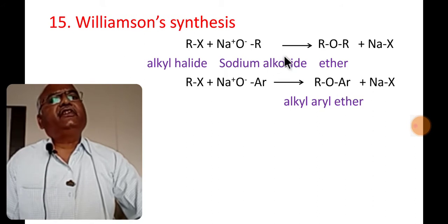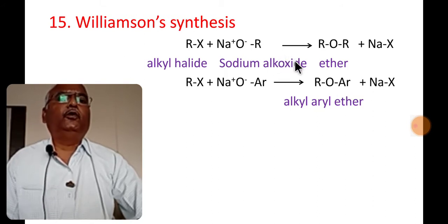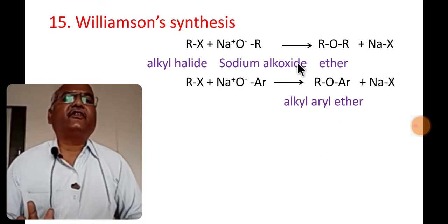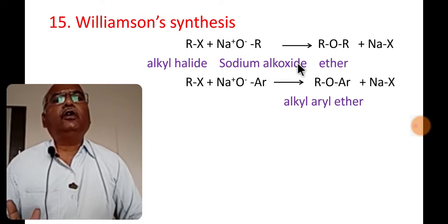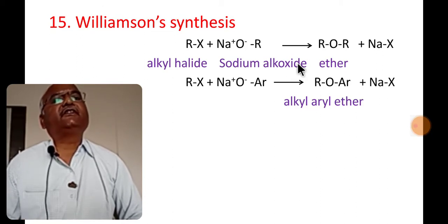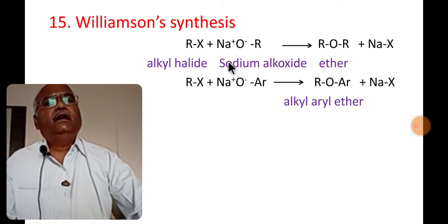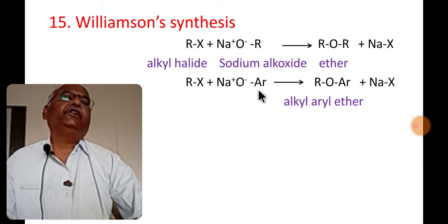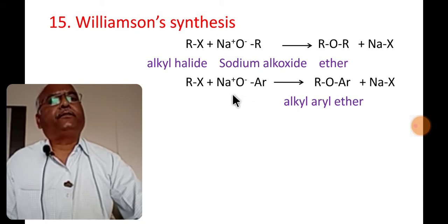This Williamson synthesis is useful for the preparation of simple as well as mixed ether. Both types of ethers can be prepared by Williamson's synthesis. In the next example, I have taken alkyl halide and sodium aryl oxide.